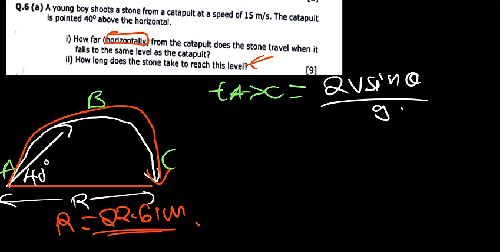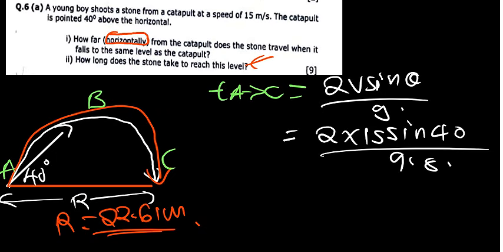So our 2 times v, v is 15, then we have sine 40. Those having questions, you can ask. So 2 times 15 is 30, so it's the same as just saying 30 sine 40 divided by 9.8.